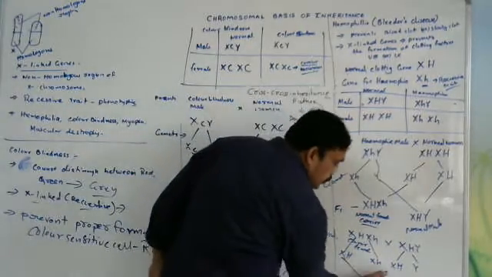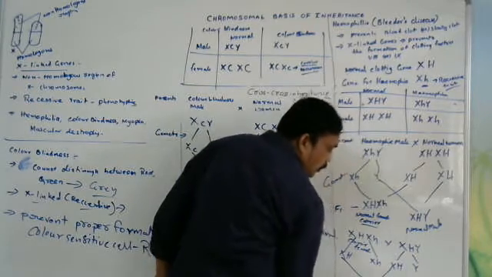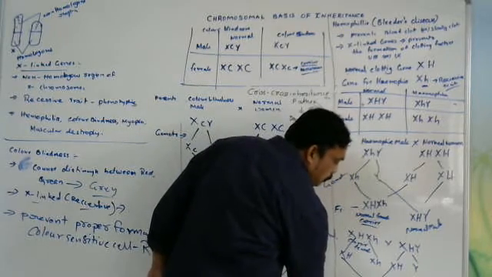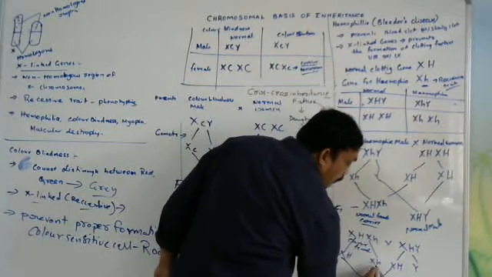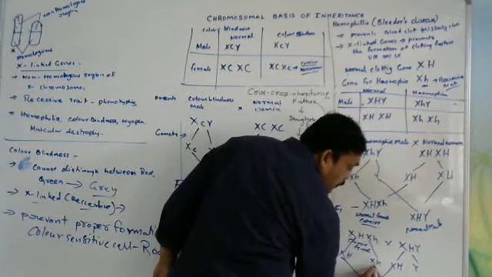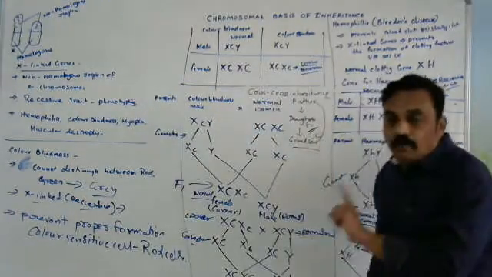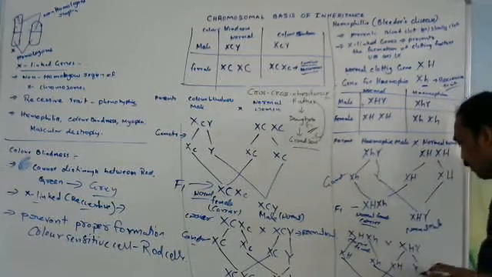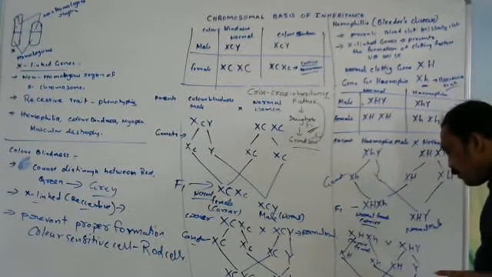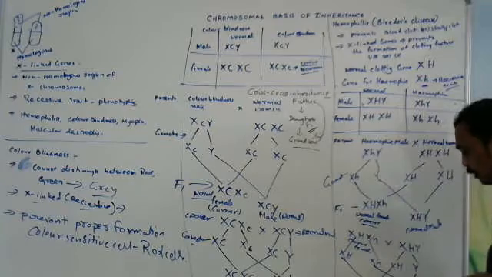Here X H plus X H, capital H, is a normal female. The recessive trait gamete, X small h, combined with capital Y forms X small h and capital Y. That is the cause of a male.